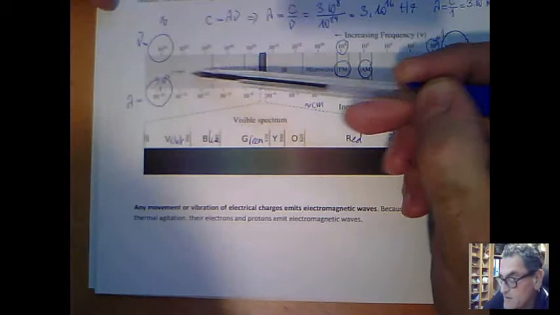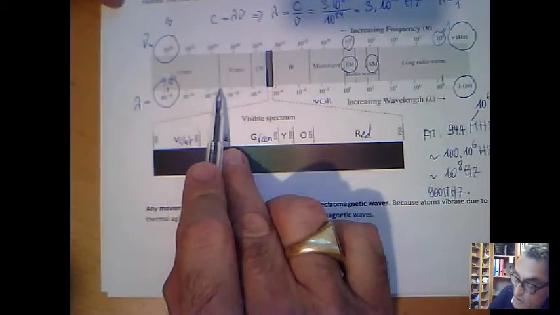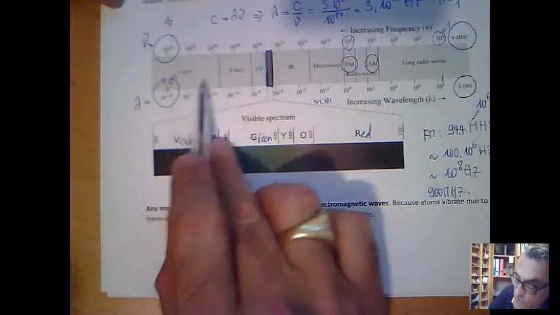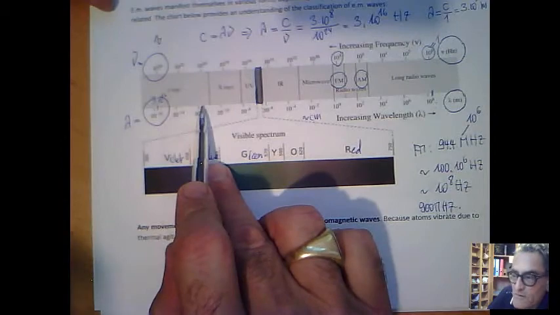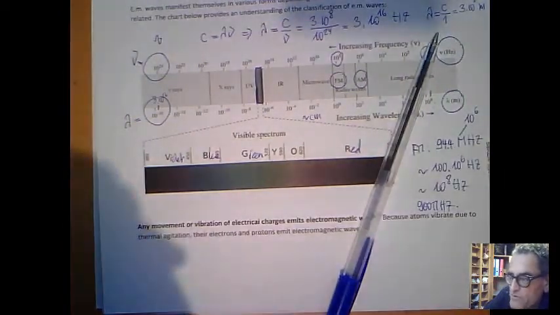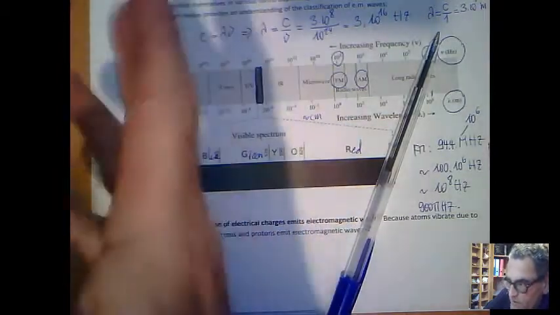Now, the last category is the gamma rays. The gamma rays cover quite a wide range of energy. So the gamma rays which are here, they're cool. It's okay. They're not going to kill you. If you have a piece of radioactive material, it's going to emit gamma rays. It's going also to emit alpha rays and beta rays.